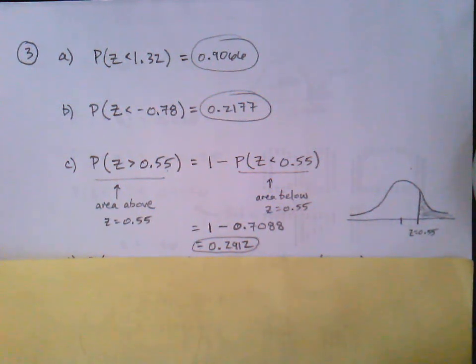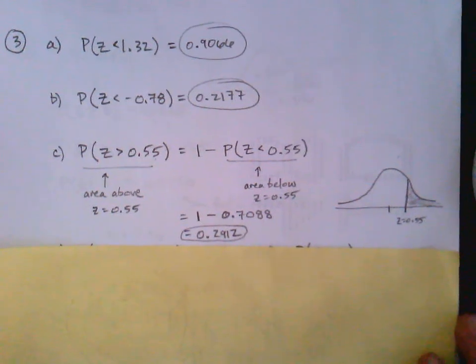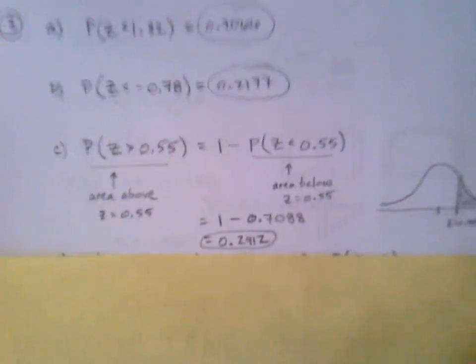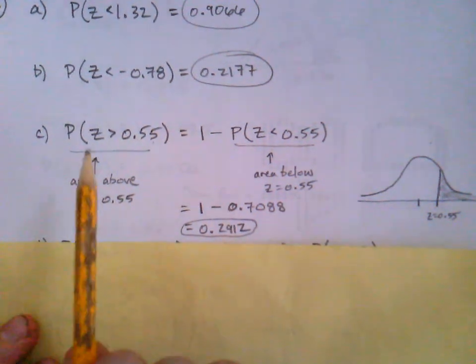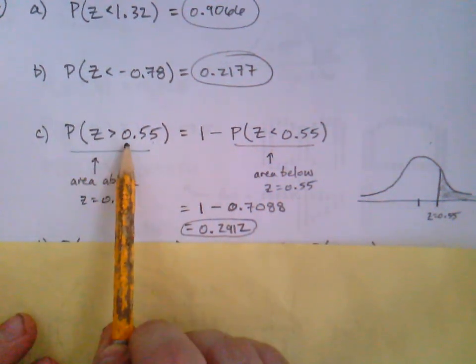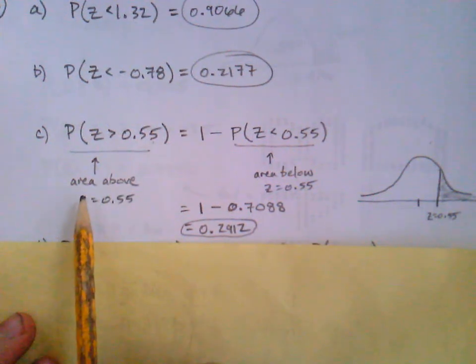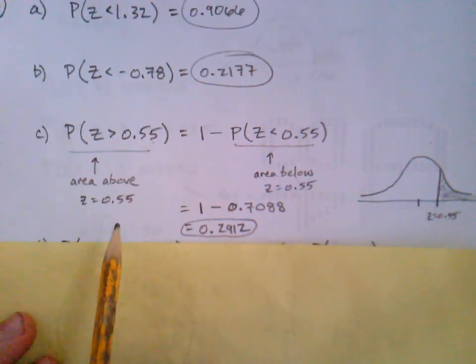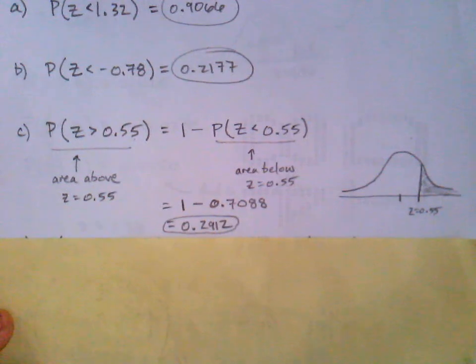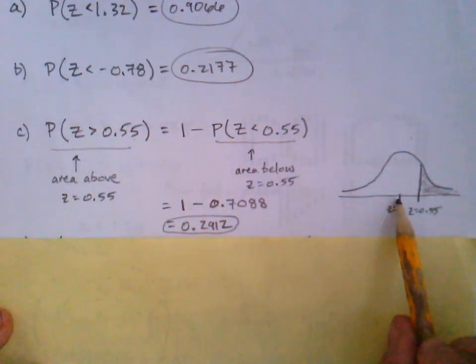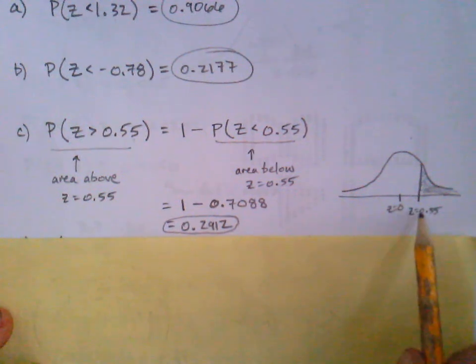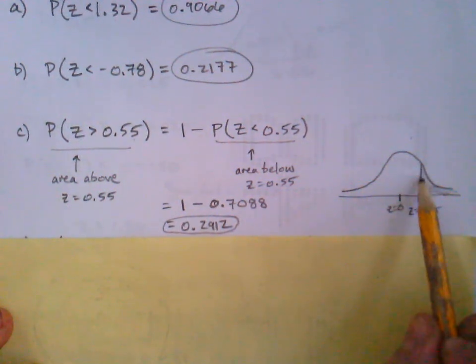Okay, now let's talk about my graph and my drawing there. Let me kind of try and zoom down a little bit. What did we do? Okay. If we're saying z is greater than 0.55, we're thinking, what is the area above? So if I was to draw a quick bell curve, remember it's z equals 0 there at the center. So z equals 0.55 would be a little bit to the right.